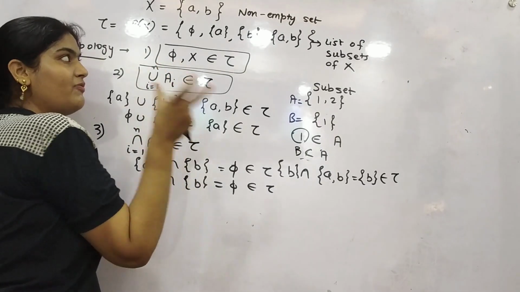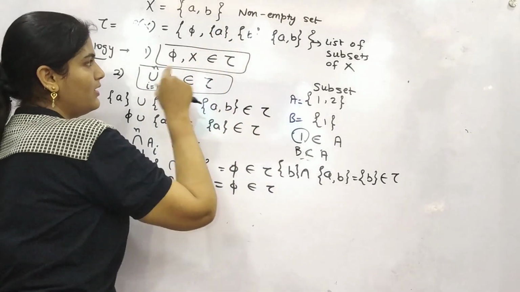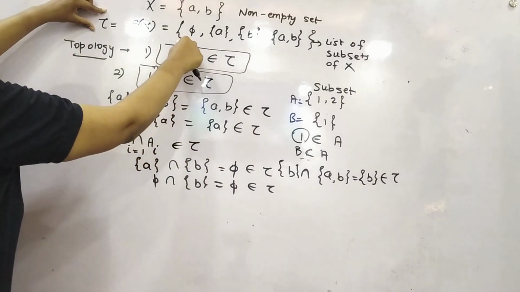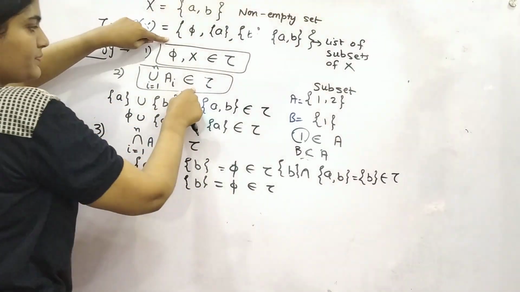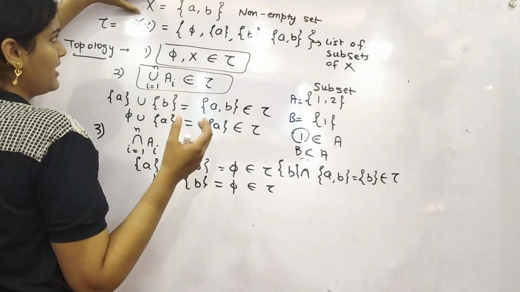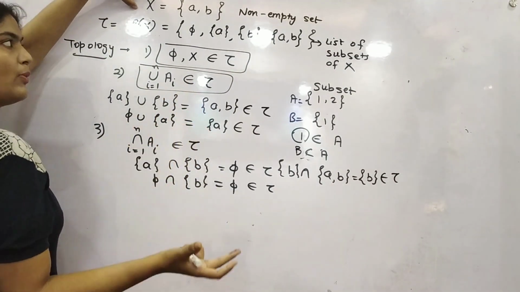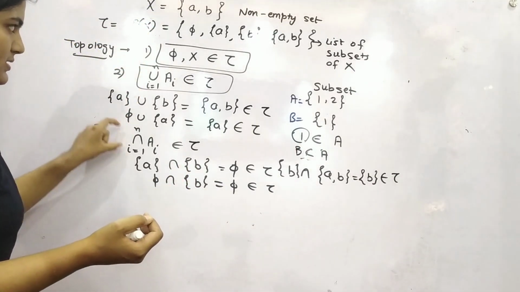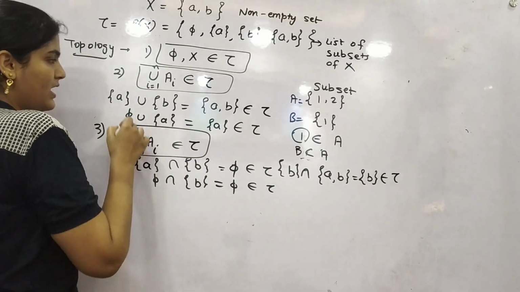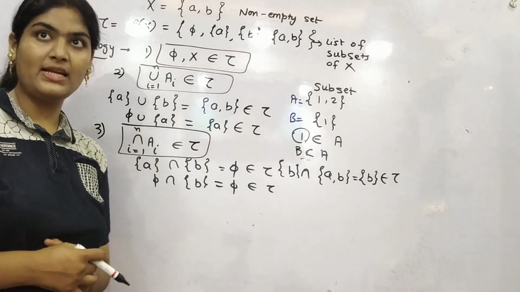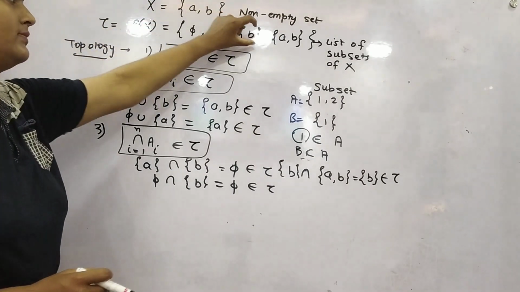The union of any of the finite elements of this topological set should be in it. If you want to check whether this set is a topology or not, you need to check these three conditions, intersection as well. If it is following these three conditions, then that is a topological set. Alright? And topology is this.